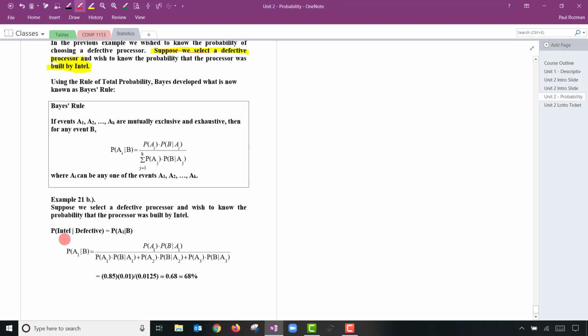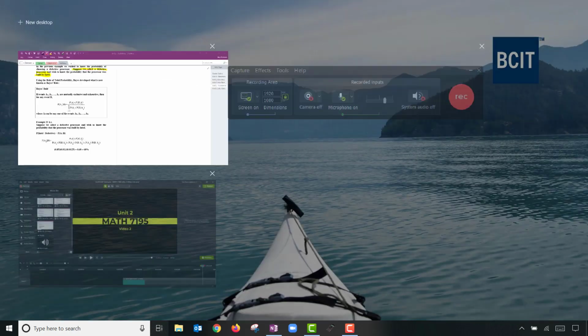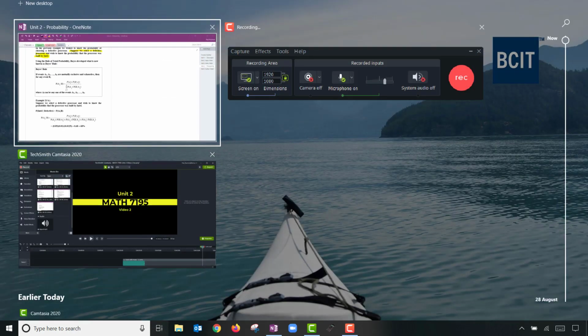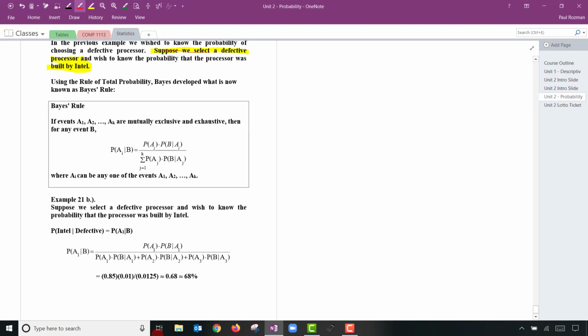We want the probability of Intel given that it is a defective chip. So if you're really into the subscripts and symbols, basically Intel was group 1, B meant defective.